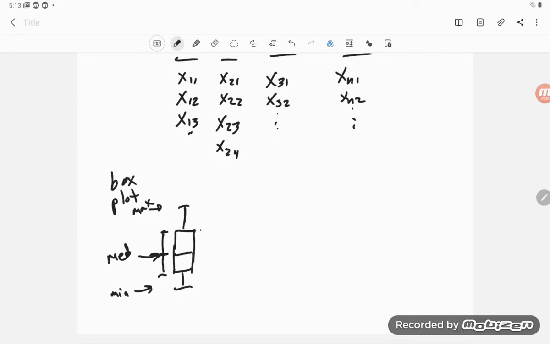But this is the IQR, the interquartile range. So this is Q3 and Q1. So that's what a box plot shows.